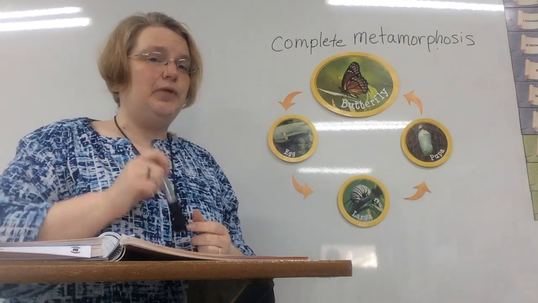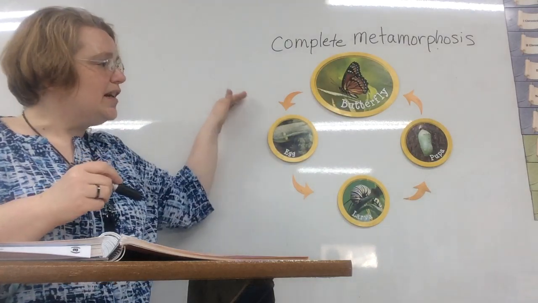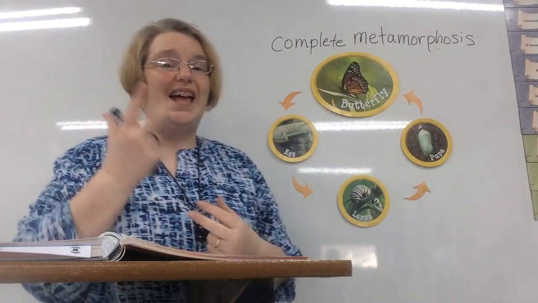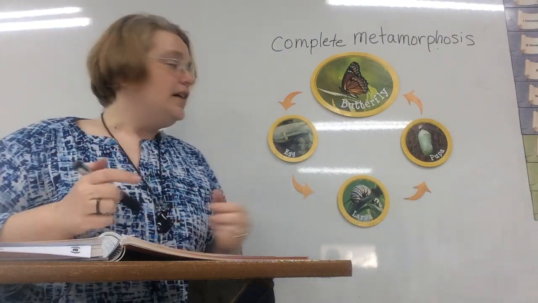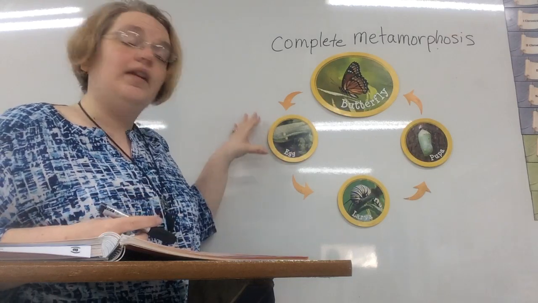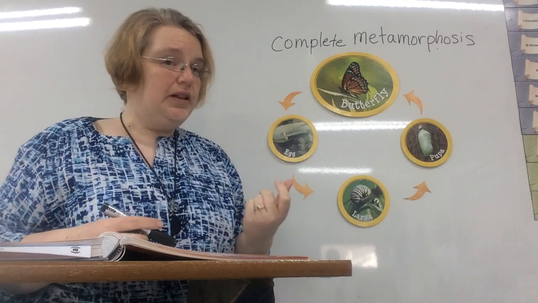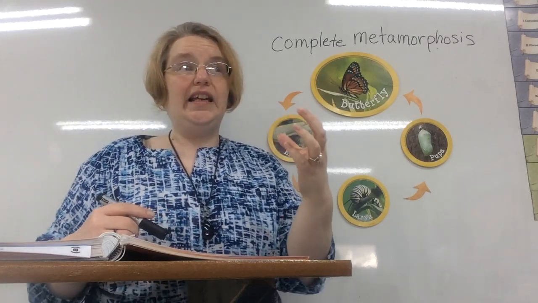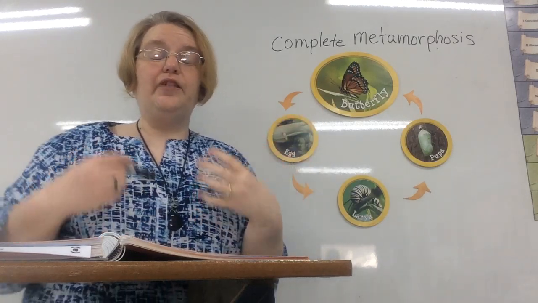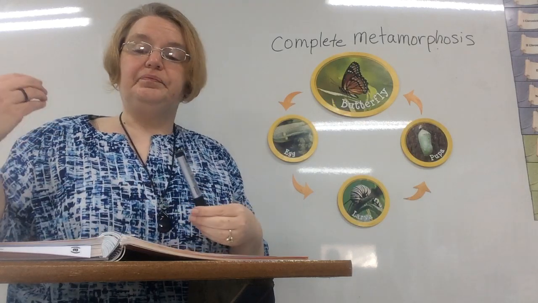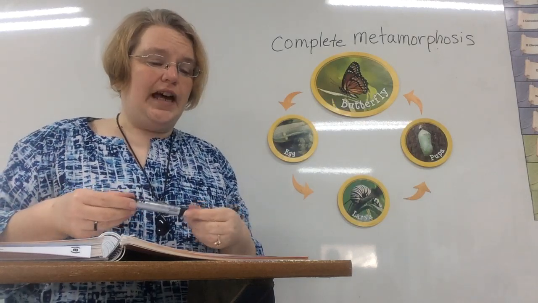That's right, incomplete metamorphosis. Now, this one is complete, but incomplete only has 3 stages. Now, they both start with an egg, but when that egg opens in incomplete, it looks like a tiny adult. For instance, a grasshopper would be an example of that.